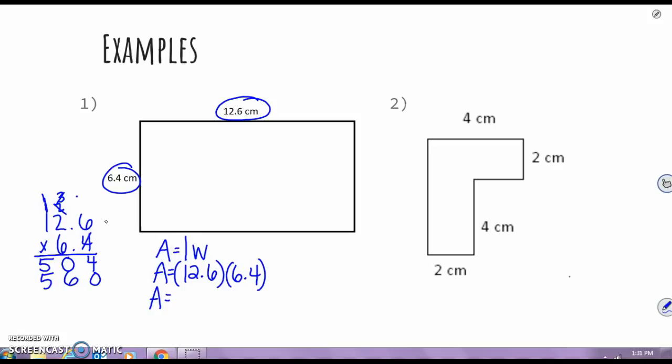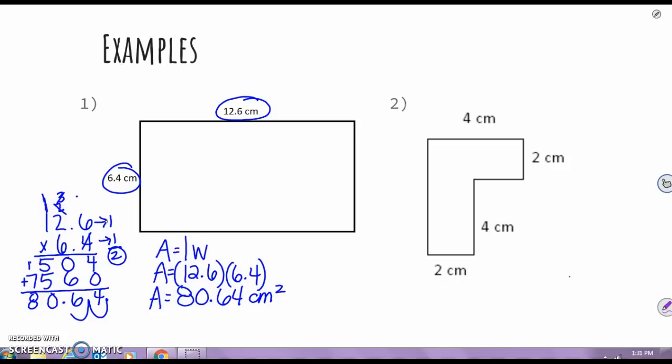And then 1 times 6 is 6, plus 1 is 7. We add. We have 2 decimal places total, so I pick my decimal up, move it twice to the left, and that gives me an area of 80 and 6,400 centimeters squared.